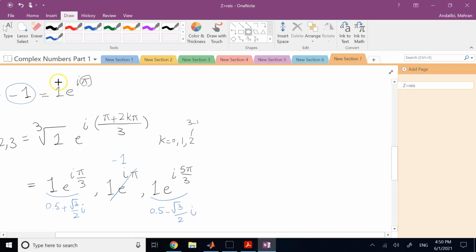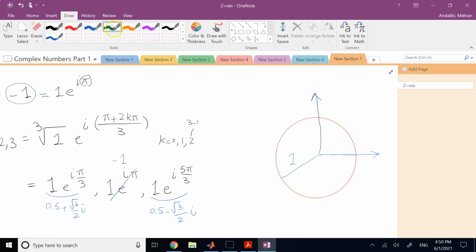since the magnitude of the right hand side is 1, already the roots should be on a circle with radius of 1. The angle was pi, so the first angle should be pi over 3, or 60 degrees, which is here. The next one is going to be 2 pi over 3, or 120 degrees, which comes here, and the other one comes here.